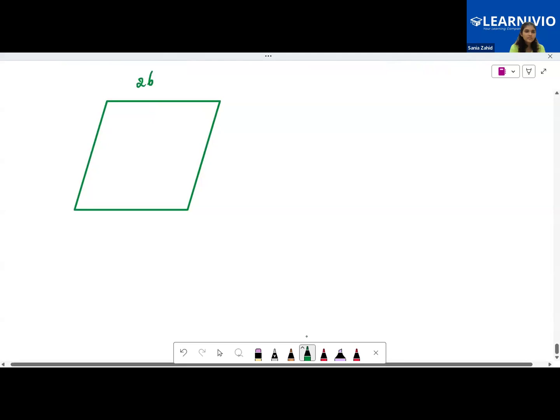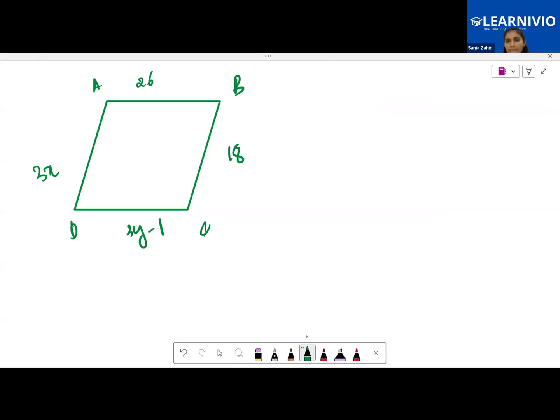This is 26. This is 3x. This is 18. And this is 3y minus 1. So you have to find the value of x and y. Do you understand the question? Yes, ma'am. Try to find the values.